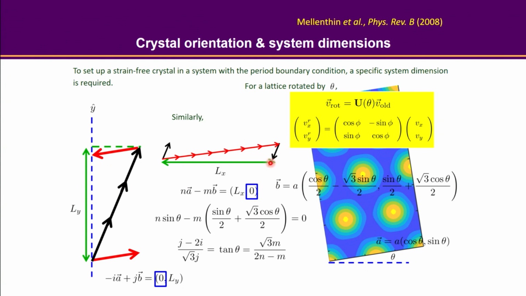A is this vector and B is this one. i and j are how many times you go along this direction and that direction, so i and j are also two integers.